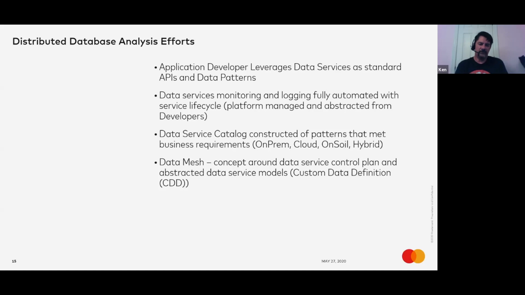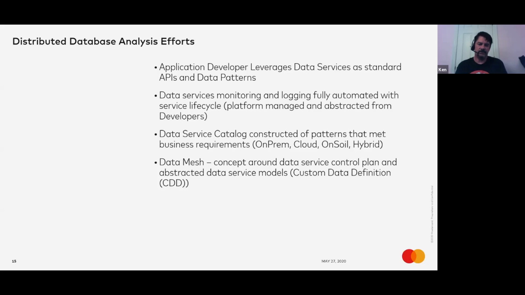So moving away from snowflakes, moving away from custom database models, and moving more towards a set of data services, standard APIs and patterns that can be leveraged, not just on existing capabilities and services, but on the business services being developed in this new data model that we're trying to build.